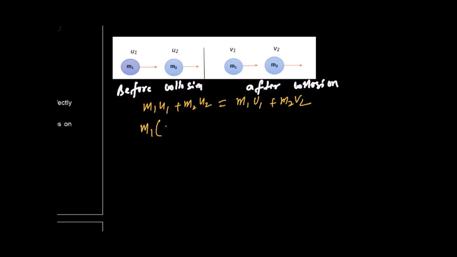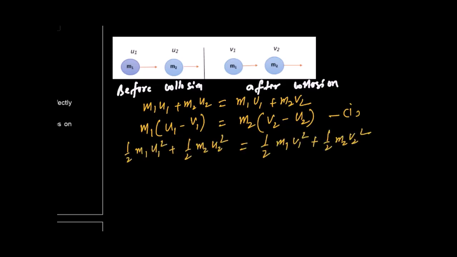We can further solve these equations and write m1 (u1 minus v1) is equal to m2 (v2 minus u2). So let's say this is equation 1. Since the collision is perfectly elastic, the kinetic energy is also conserved. So we can write kinetic energy before the collision is equal to kinetic energy after the collision. Half is common, so it can be cancelled out.